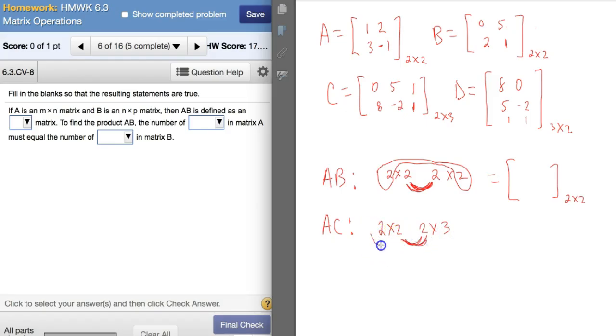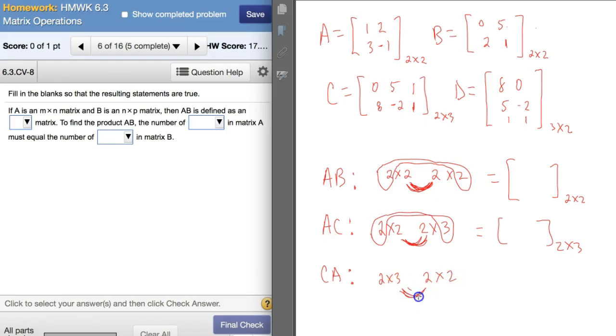That means my result is going to be a 2 by 3 matrix. Now let's switch this around and say I want to multiply C times A. So now I have a 2 by 3 matrix, and then a 2 by 2 matrix.